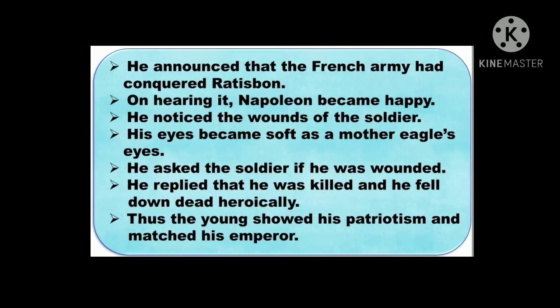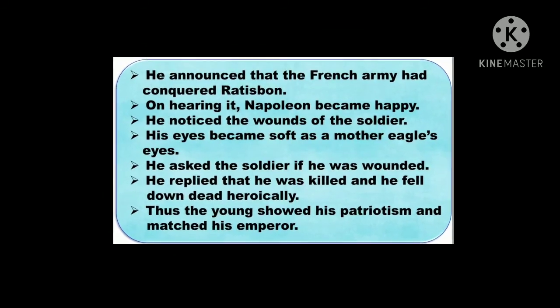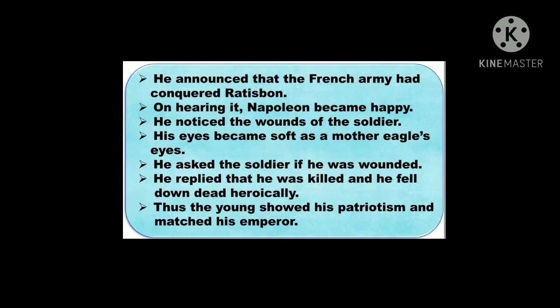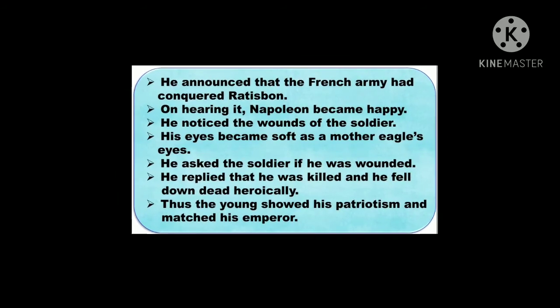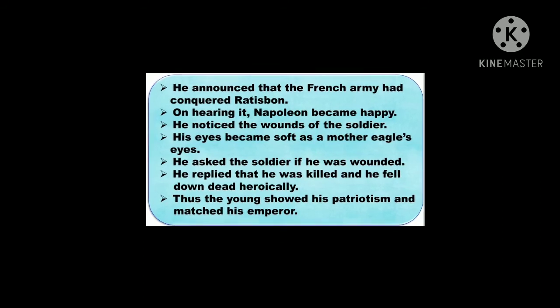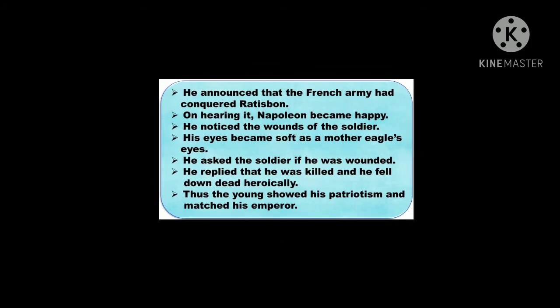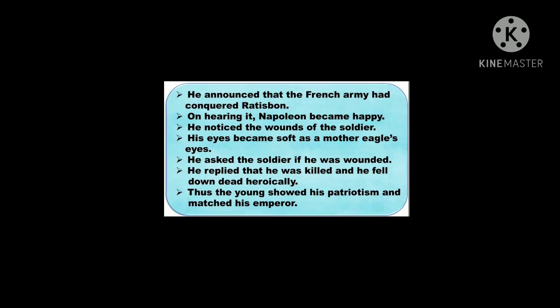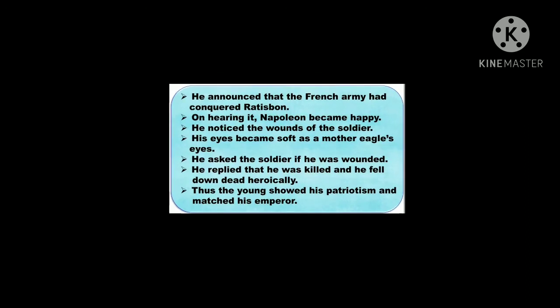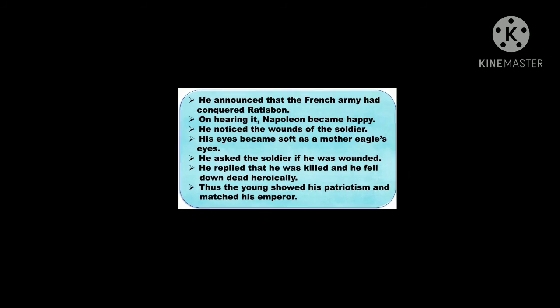He noticed the wounds of the soldier. His eyes became soft as a mother eagle's eyes. He asked the soldier if he was wounded. He replied that he was killed and he fell down dead heroically. Thus, the young soldier showed his patriotism and matched his emperor.